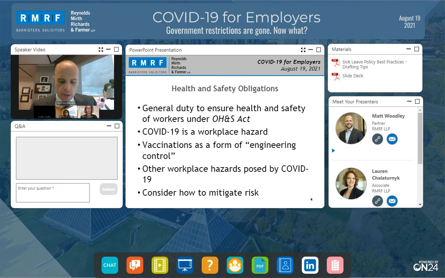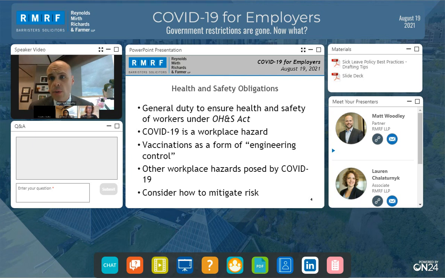So some factors that are going to be considered in looking at COVID-19 as a workplace hazard will include any recommendations of the Chief Medical Officer of Health, so pay attention to recommendations coming from public health officials, the existence of any active cases at your own work site, so sort of the facts on the ground in relation to what's happening in your workplace.